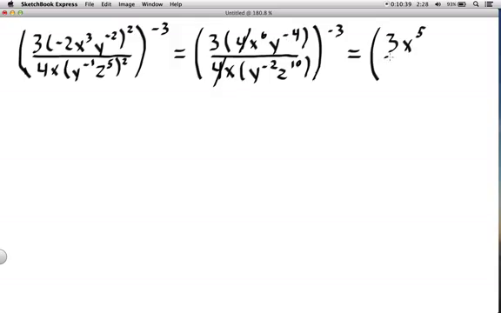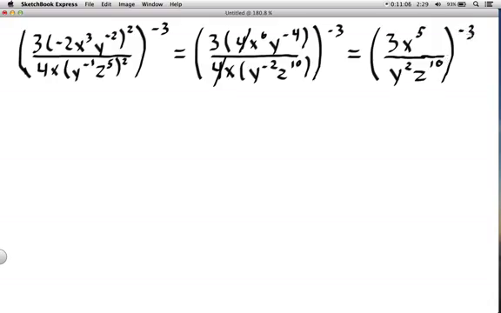If we move it to the denominator, it's positive 2. So we'll have y to the positive 2 in the denominator. And now we also have this z to the 10th in the denominator. And everything still to the negative 3.